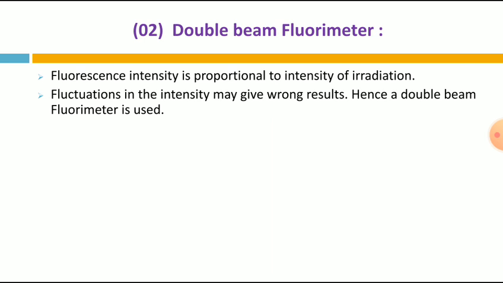In the single beam fluorimeter, fluctuations in the intensity may give wrong results. Hence, a double beam fluorimeter is used. This is the drawback of the single beam fluorimeter, because when we take the readings, some amount of the reading may be wrong. So that's why we are using the double beam fluorimeter.